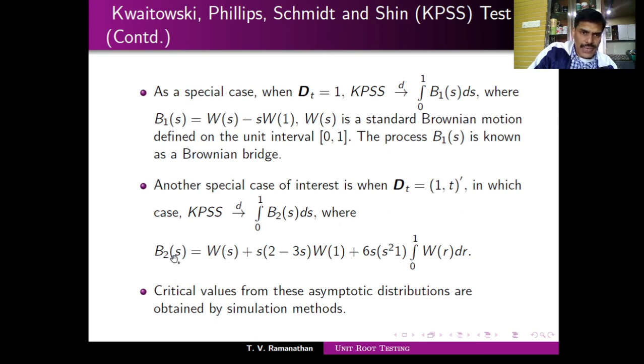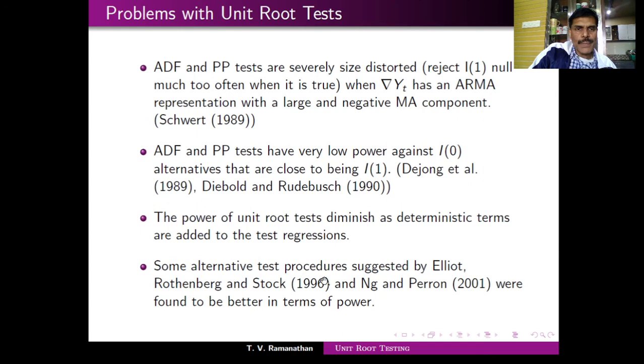The function is different here: W(s) plus s(2 minus 3s) times something, etc. So these are the contributions of the KPSS authors. The difference is that here you are testing for stationarity, whereas in the other cases you are testing for non-stationarity. Critical values of this cannot be obtained analytically, so they have to be obtained by simulation methods. So this is the KPSS test.